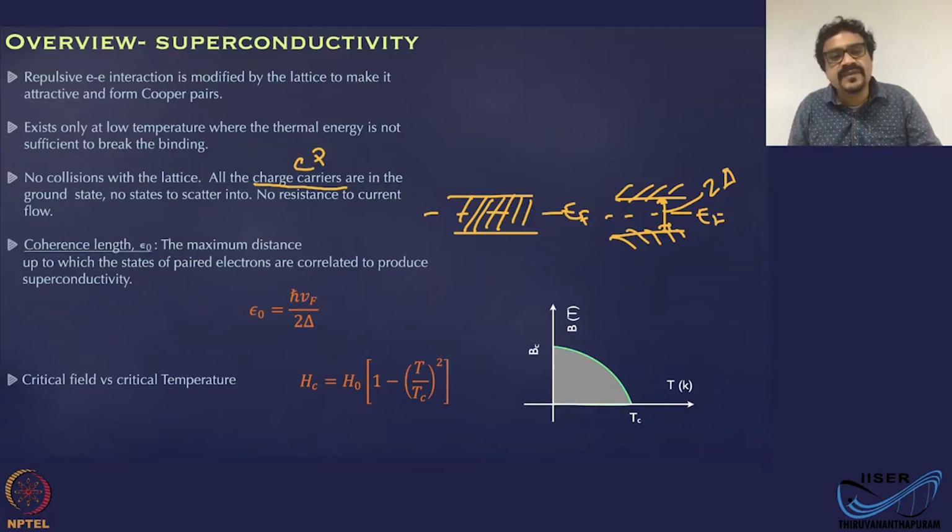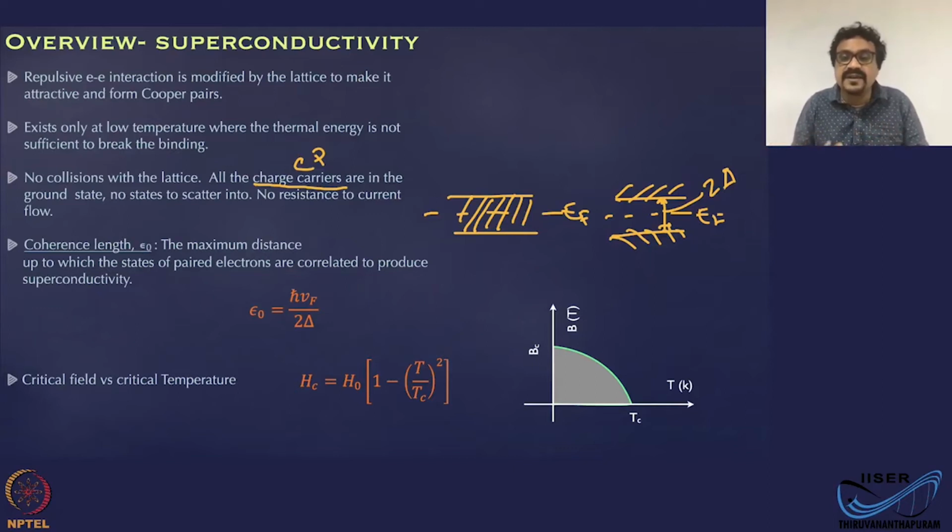This coherence length is given by h bar Vf divided by 2 delta, where Vf is the Fermi velocity. Now, there is another very important aspect of superconductors, that is the Meissner effect, that we will discuss in the next slide.